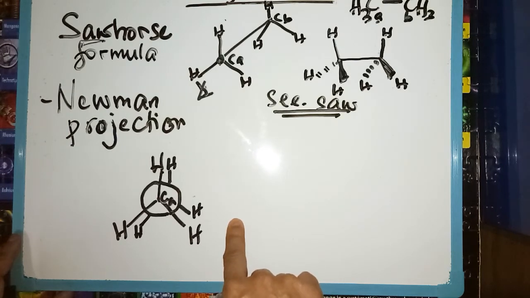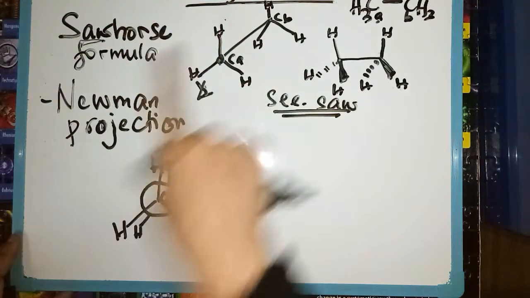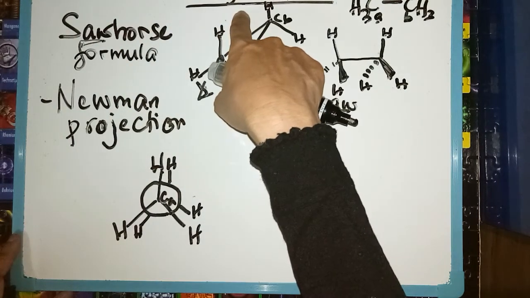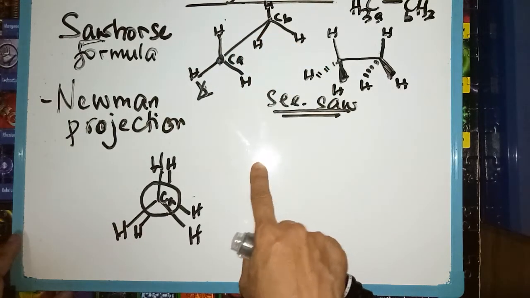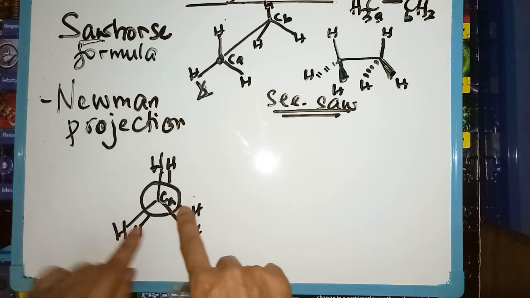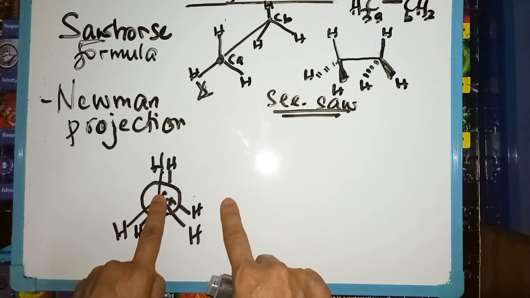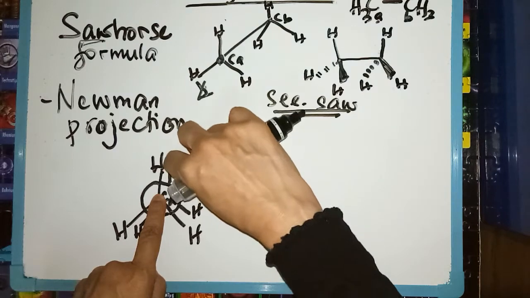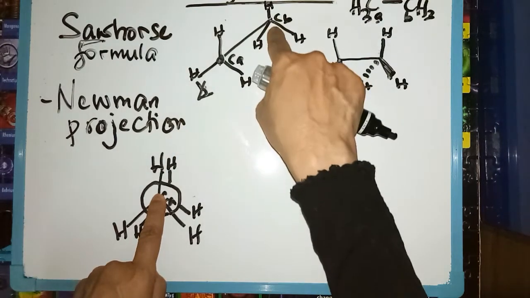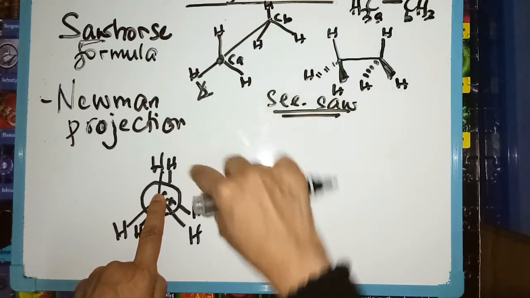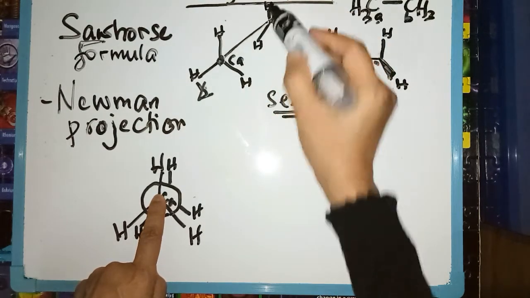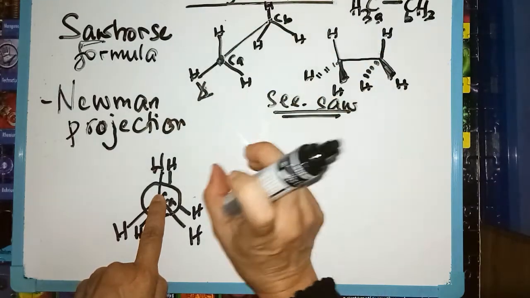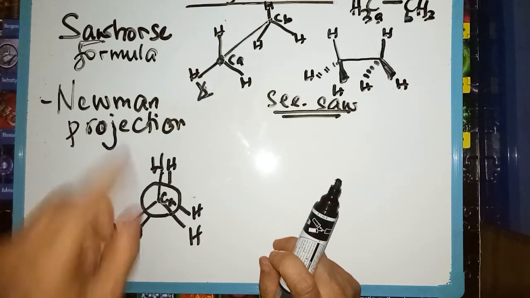Okay, when I spoke before, I said conformation is a temporary molecular shape due to rotation of one bond, meaning that if I hold this CA and I rotate this carbon behind here, CB, this particular bond between CA and CB will be rotating, moving. Let me rotate.